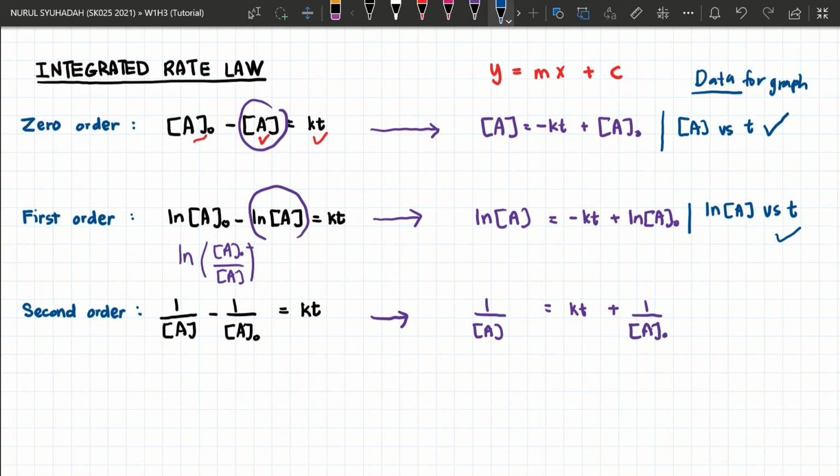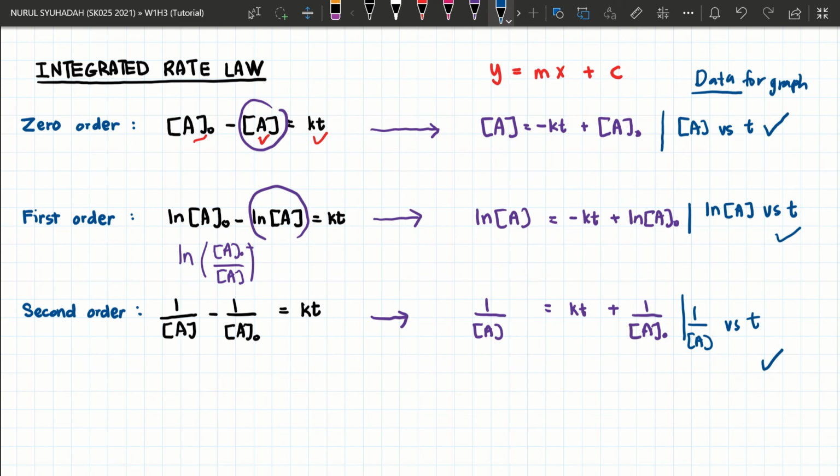So from here, the graph that you need to plot is 1 over A against time. When you plot 1 over A against time, if you get a linear graph, meaning it's a second order reaction. Okay, so what do I mean by all of this?